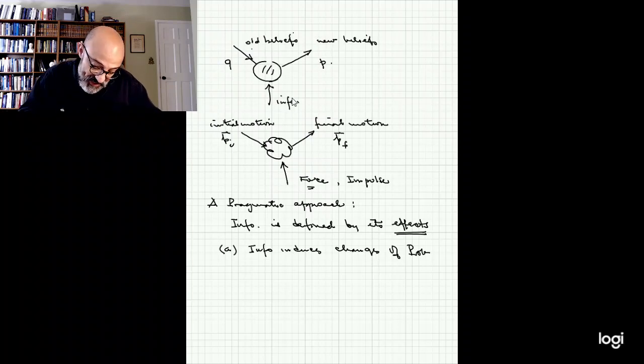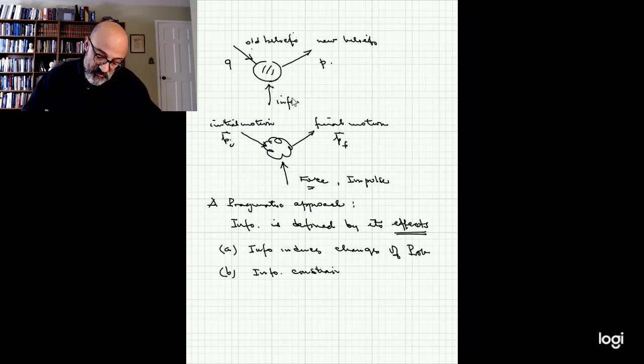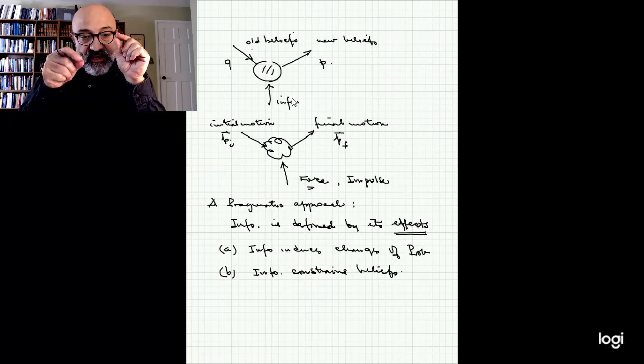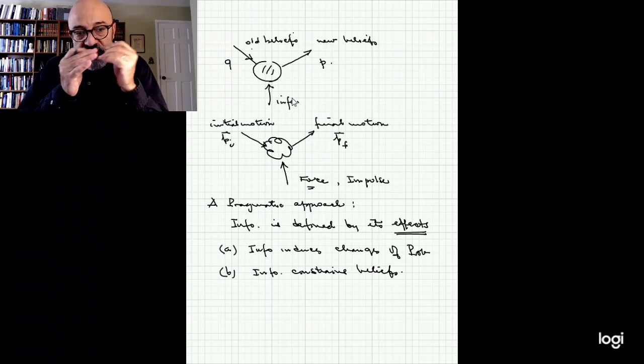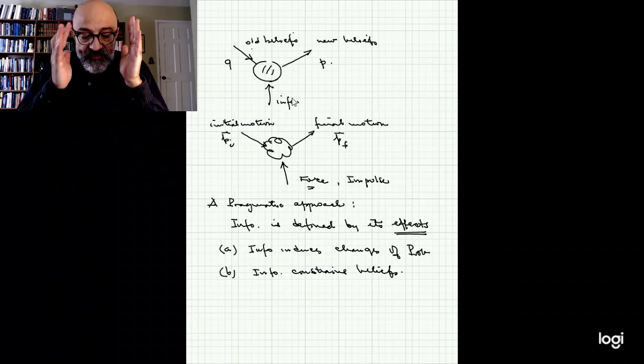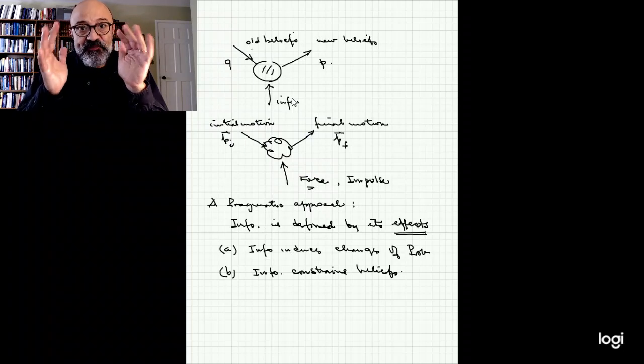But it also does something that's very crucial. Information constrains your beliefs. What I mean by that is the following. One of the things that we want to do when we do all of this is we want to be as rational as possible.